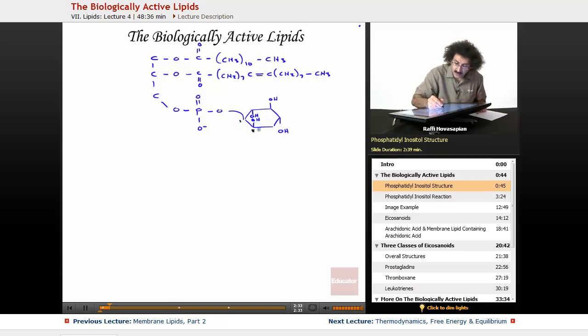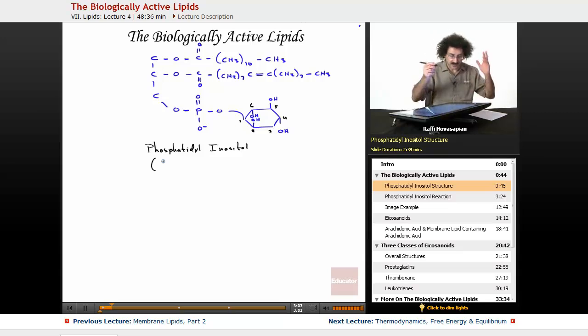This is 1, 2, 3, 4, 5, and 6. In this particular case, this is the numbering on this particular section. So this is phosphatidyl inositol, and it is a glycerophosphate or a phosphoglyceride, whatever.